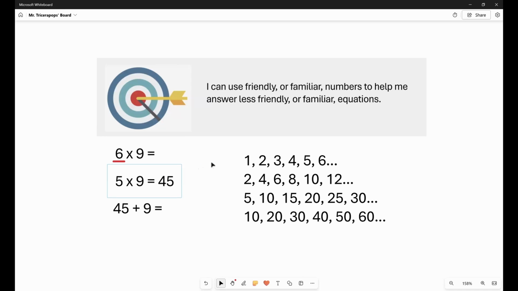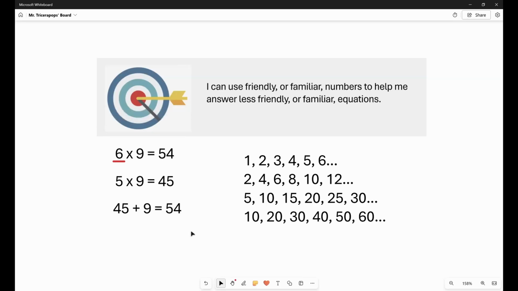Well, let's count up again. 46, 47, 48, 49, 50, 51, 52, 53, 54. So that means what? Our answer is 6 groups of 9 equals 54.